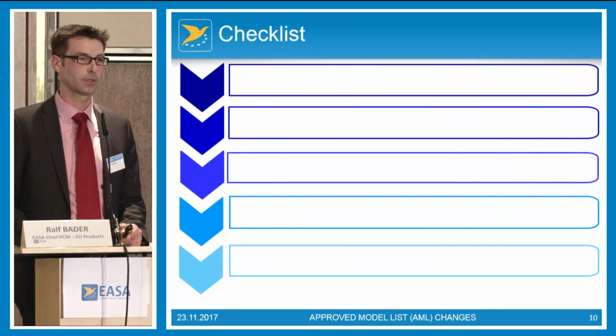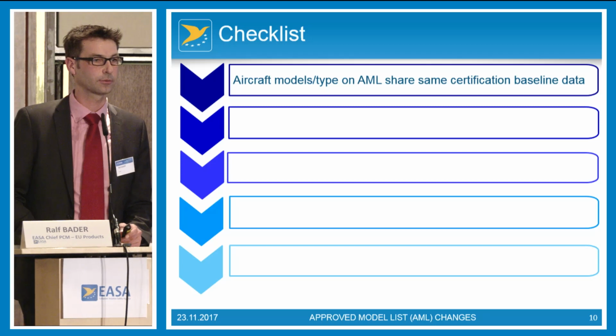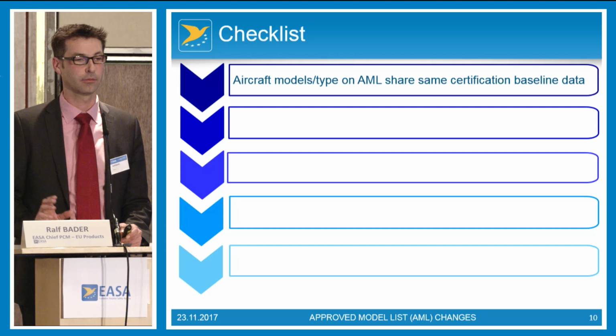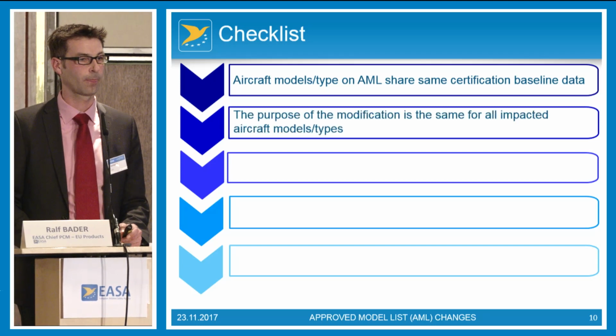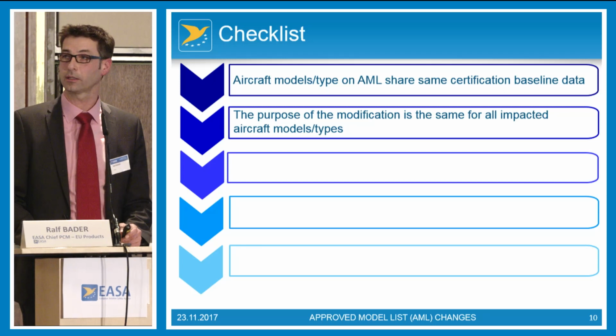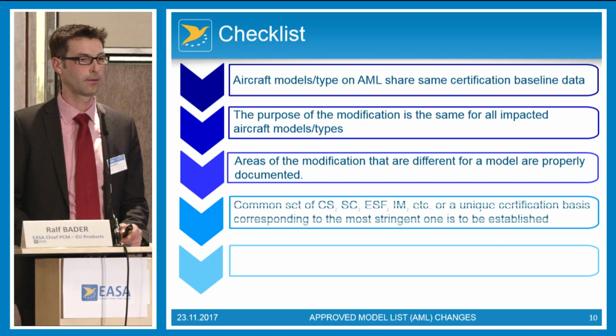Here's a short checklist of what I have said before. First, aircraft model types on the AML share the same certification baseline data, so the vast majority of the compliance demonstration. The purpose of the modification is the same for all impacted aircraft and models. Areas of the modification that are different for a model are properly documented, and it should be the minority of the compliance demonstration.